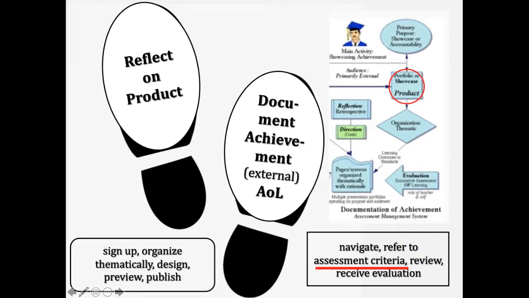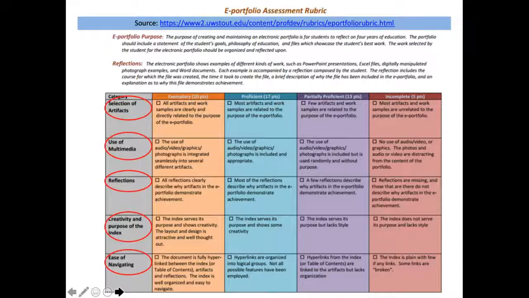Whether we're teachers assessing our learners or employers appraising employees or job interviewees, we need to have some criteria for accountability and objectivity. Here is where rubrics come in. There are dozens and dozens of assessment rubrics.